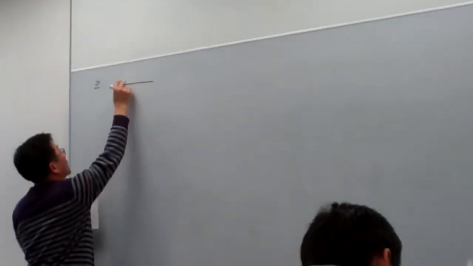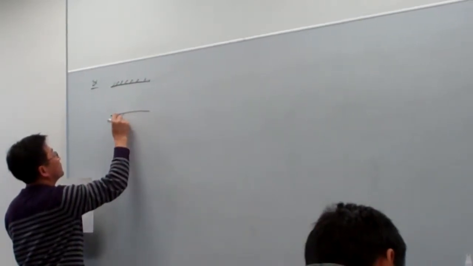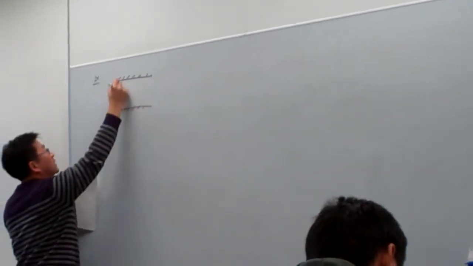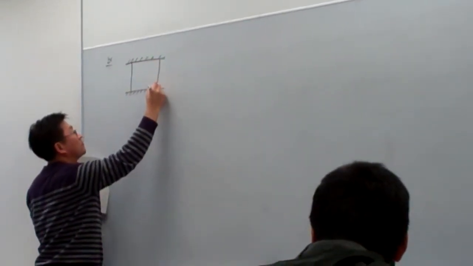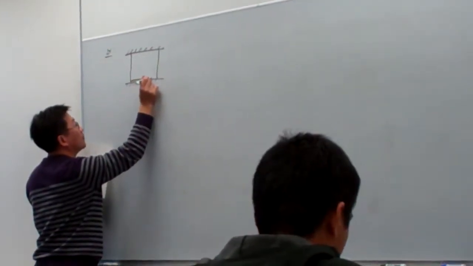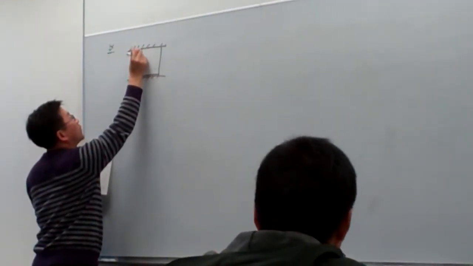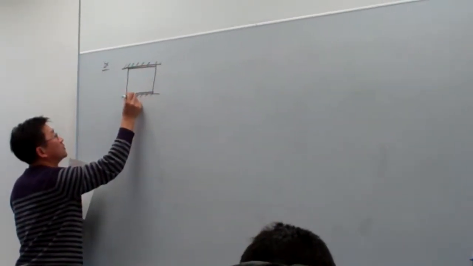For example, in between the two clamp sides, we squeeze in a rubber. And the rubber is not completely fixed to the wall, but there are certain rollers.